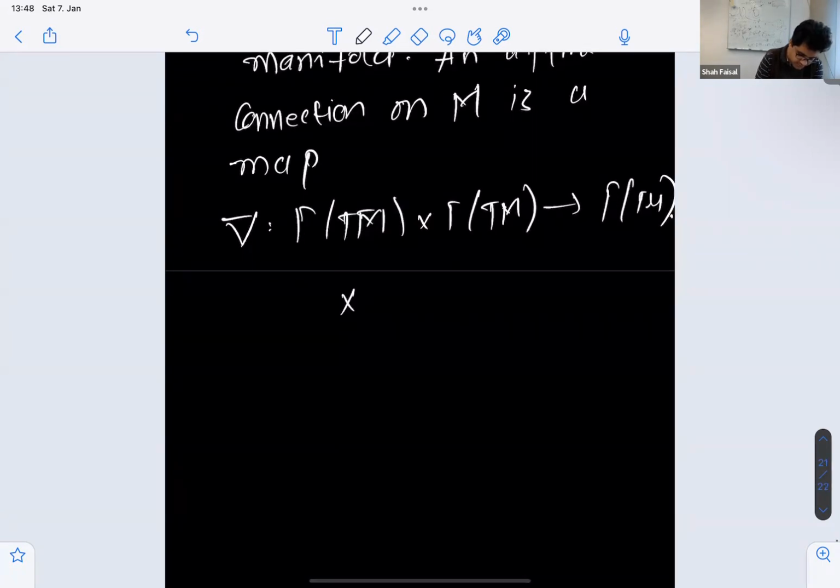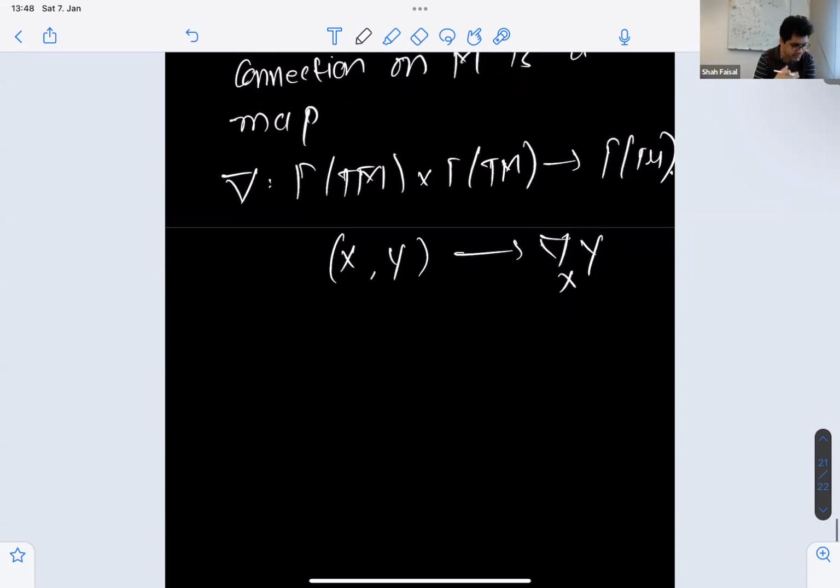So it takes two vector fields X and Y, differentiates Y with respect to X, and you get another vector field as above. But it has to satisfy the conditions of derivatives as above.